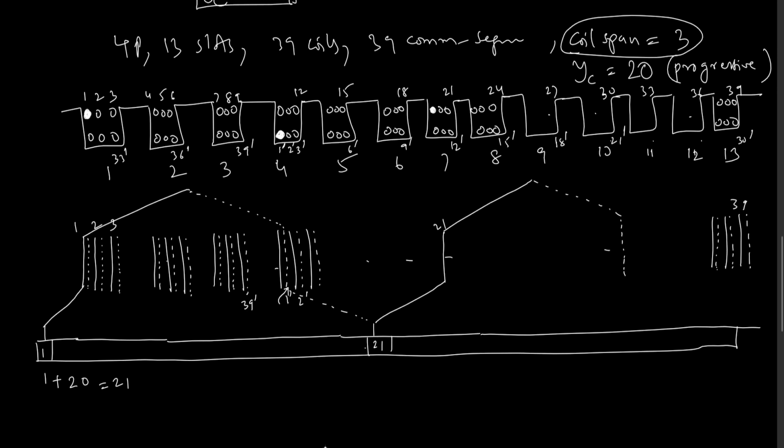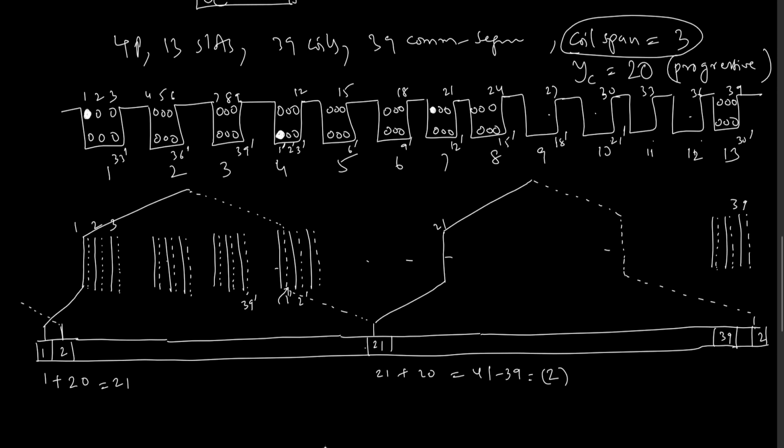Now this will come to 21 plus 20, which is 41. But we have only 39 commutator segments altogether. So 41 minus 39 comes to 2. So it comes to the second commutator segment here.